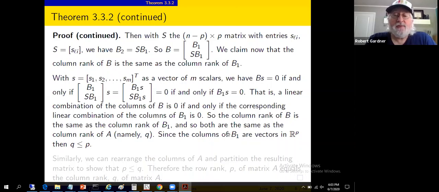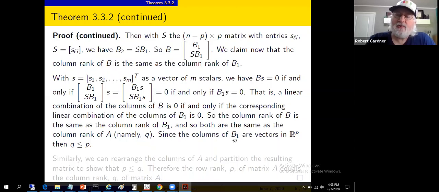The column rank of B sub 1 is the same as the column rank of A. We denoted that as Q, which was just introduced as a symbol. So we've got Q linearly independent column vectors in B sub 1. These columns coming out of B sub 1 are vectors in R^P, remember, since B1 consisted of P rows.